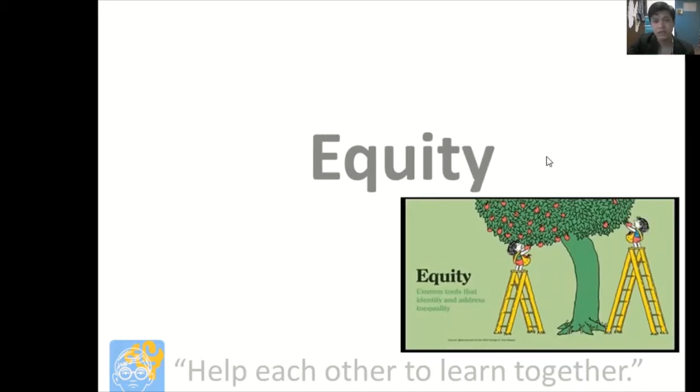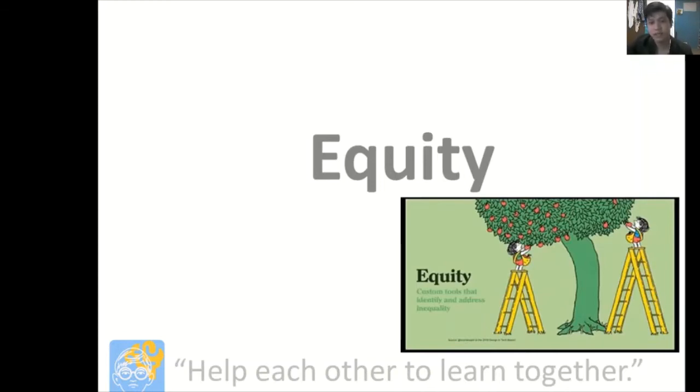Okay, so let's go with equity. Equity is custom tools that identify and address inequality. It shows here that the platform is different from each other. One has a small ladder, but the other one has a big ladder.